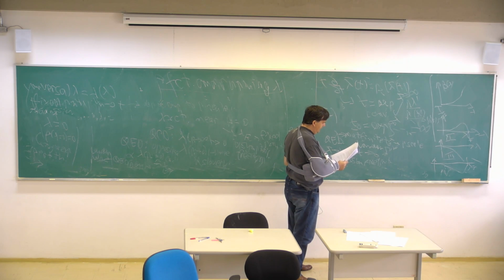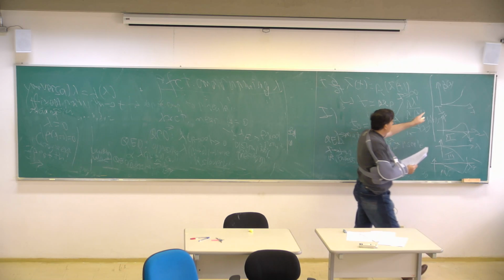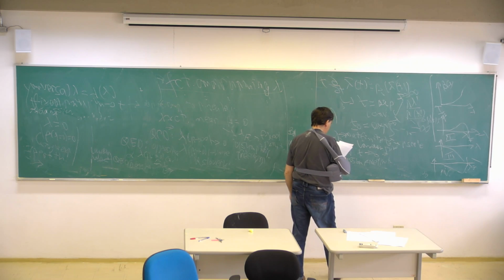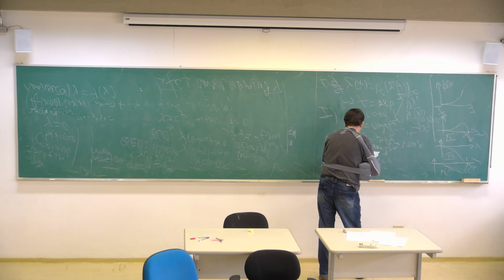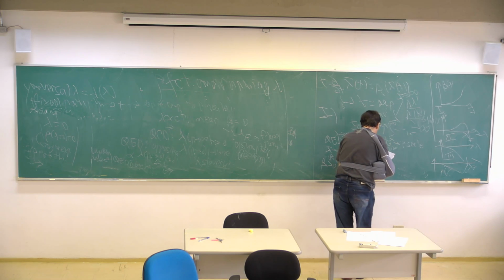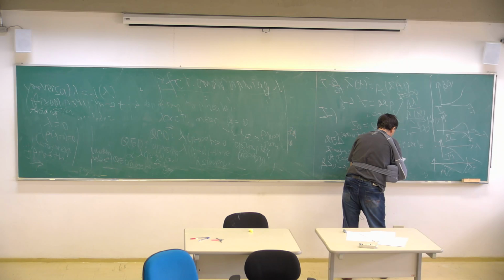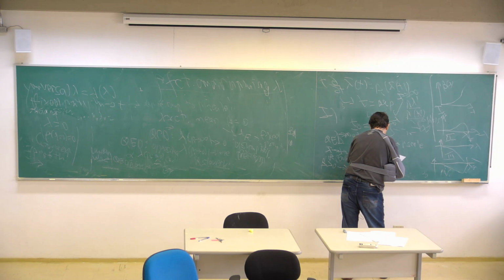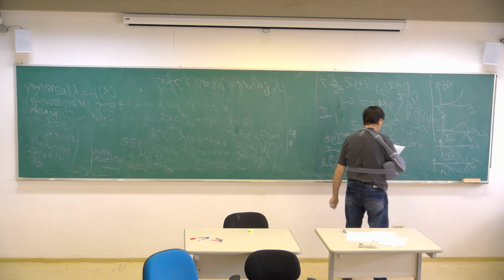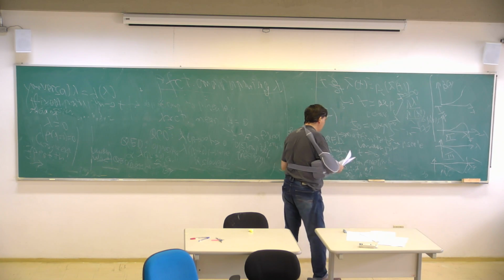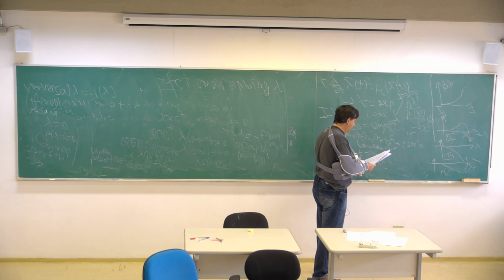Also, we might notice that since this grows, beta is positive, which means that lambda increases when mu increases, and lambda decreases when mu decreases.